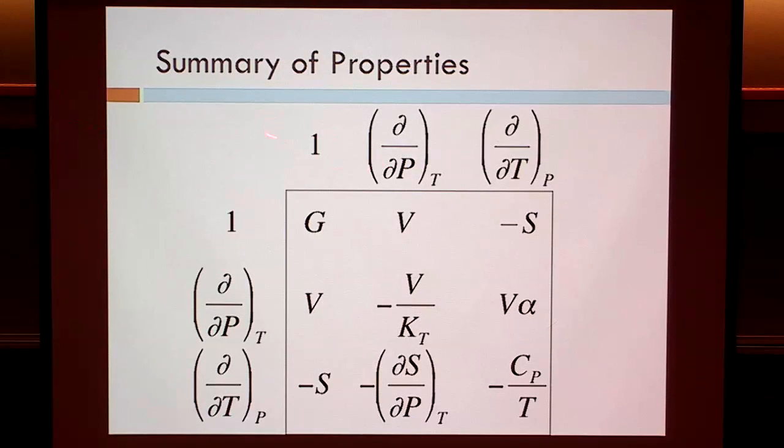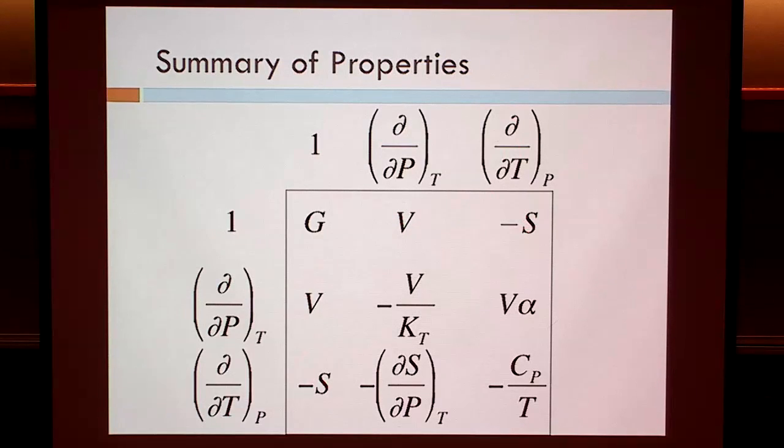The identity operator here. Take the pressure derivative, the temperature derivative, and down this side as well, and operate on the Gibbs free energy is what I've chosen to do in this case. Two identity operators on G just gives you G back. Taking a pressure derivative gives you V. Taking a temperature derivative gives you minus S. And the same along here.